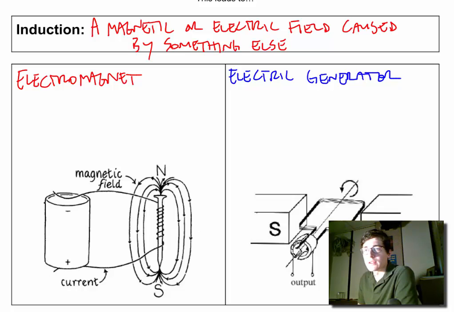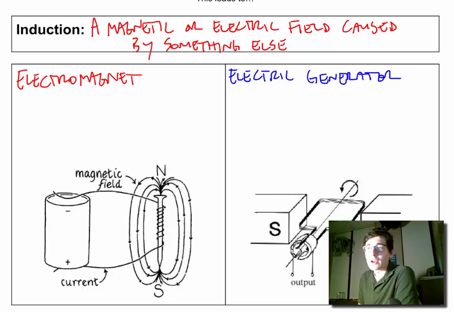Let's look at the one on the left. We can see a magnetic field here. If you had a coil of wire, these loops of wire around an iron core, like a nail or a screw, it's just a wire wrapped around a nail. There's no magnetic field. We can cause a magnetic field around this thing by attaching electricity to it.